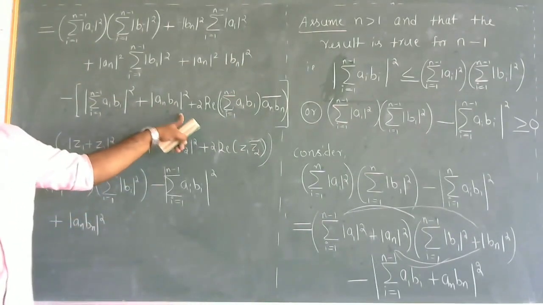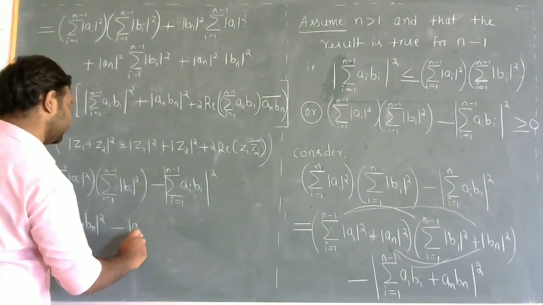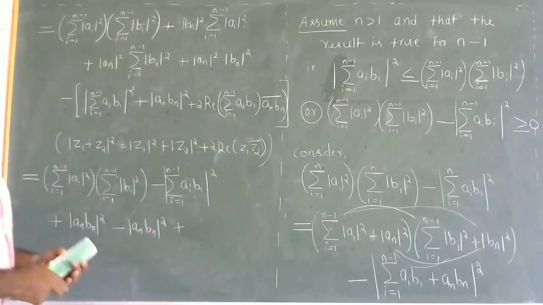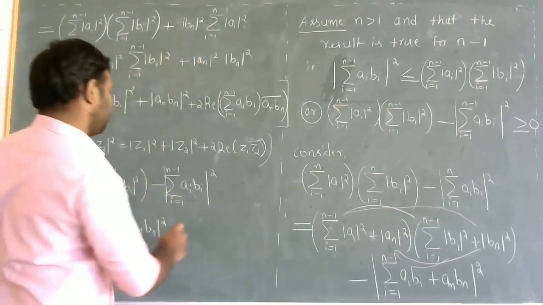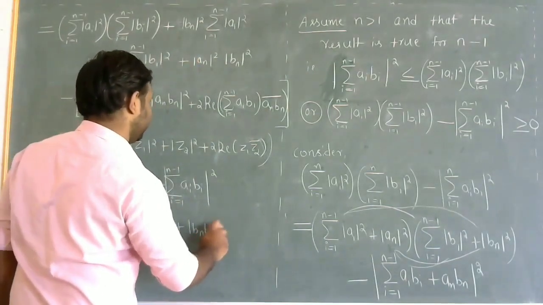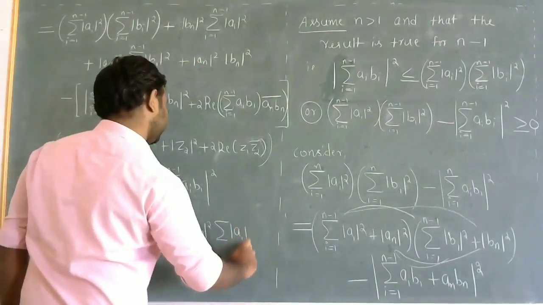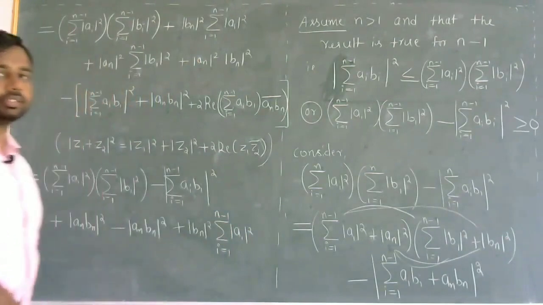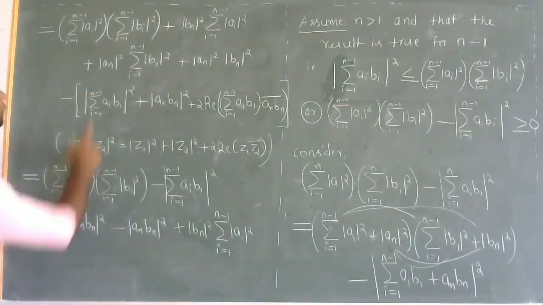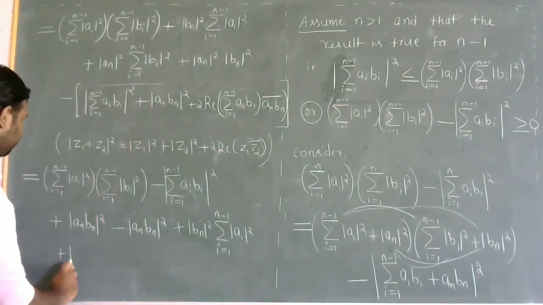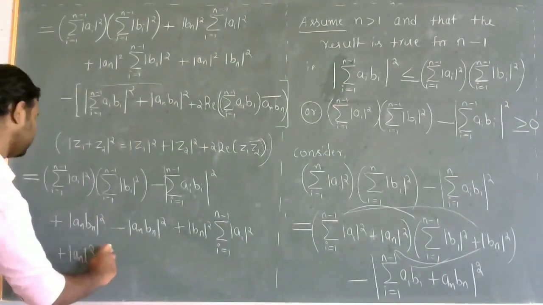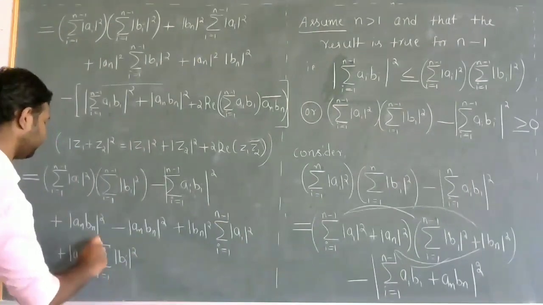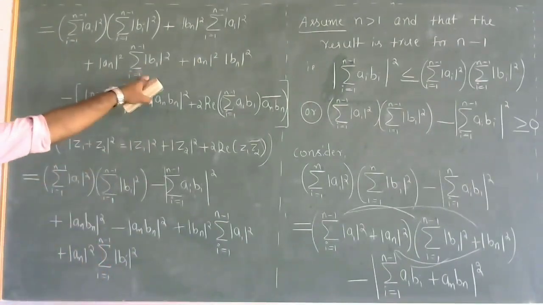Here minus of the same term, minus modulus of an bn whole square, plus modulus of bn square into summation modulus of ai square, i running from 1 to n minus 1, plus modulus of an square into summation modulus of bi square, i running from 1 to n minus 1.